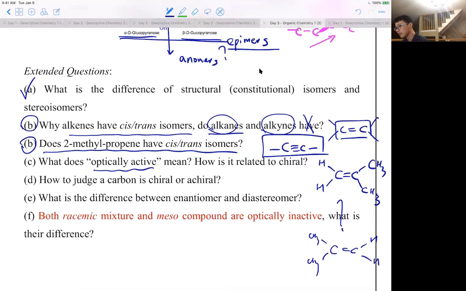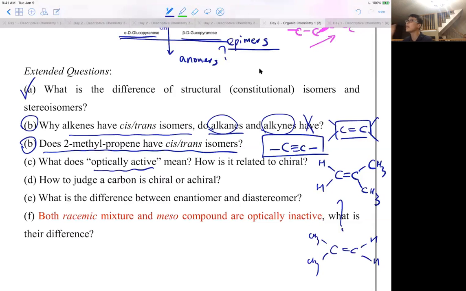Optically active. I don't want to talk too much about this. You can read a little bit more by yourself. Basically, it will shift or rotate the polarization plane of the polarized light. This is something very complicated in physics, but in organic chemistry, we just need to know the general idea of optically active.